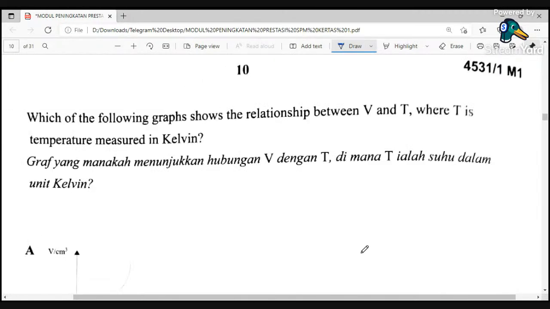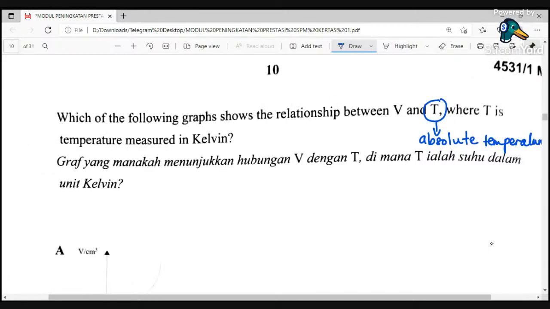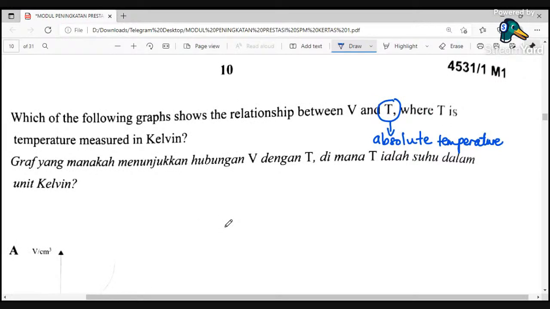Soalan: which of the following graphs shows relationship between V and T where T is temperature measured in Kelvin? Okay, T for the gas law is always in Kelvin, mesti dalam unit Kelvin. Kita panggil dia absolute temperature. Semua gas law hanya valid untuk digunakan dalam temperature Kelvin, bukan degree Celsius.